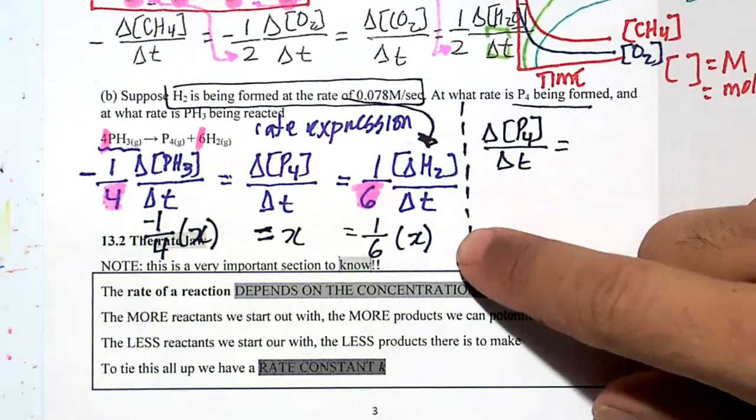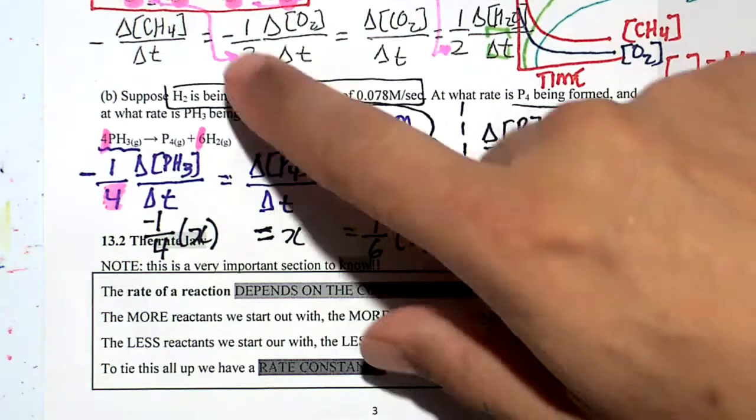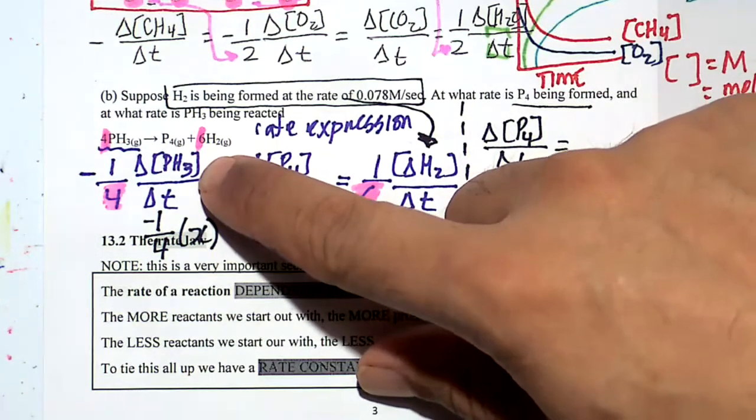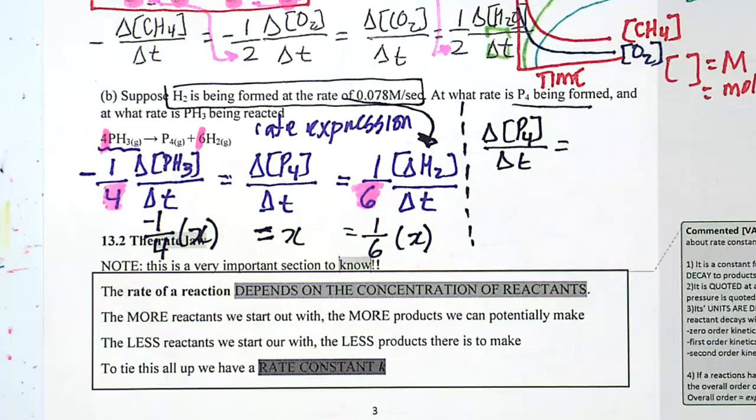Okay. So this change in concentration I'll call X, but because of the balanced equation, 6 moles, it's increasing, but it's increasing 1/6.